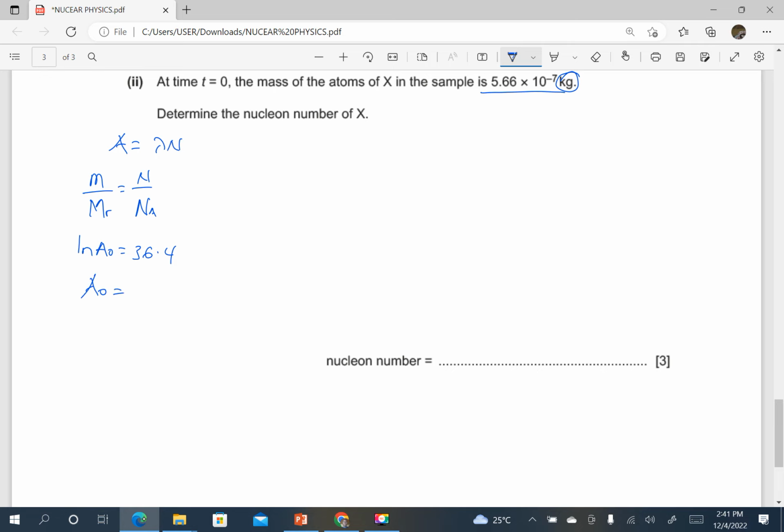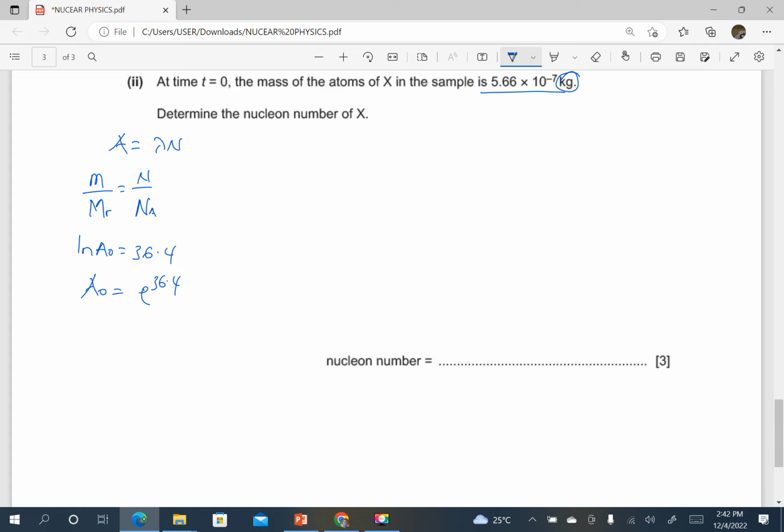So A naught is going to be equal to e power 36.4. Yeah, I think that is correct mathematics. And A naught is going to be equal to the decay constant times the number of nuclei.